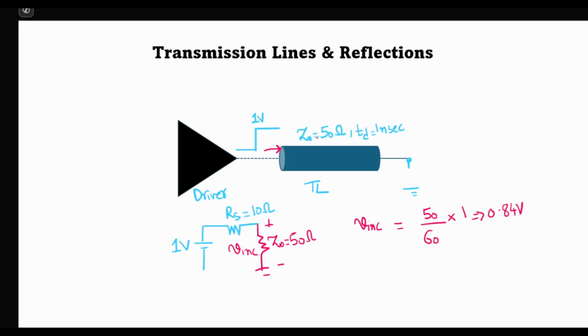So let's see what happens a nanosecond later when this 0.84 volt pulse reaches the far end.